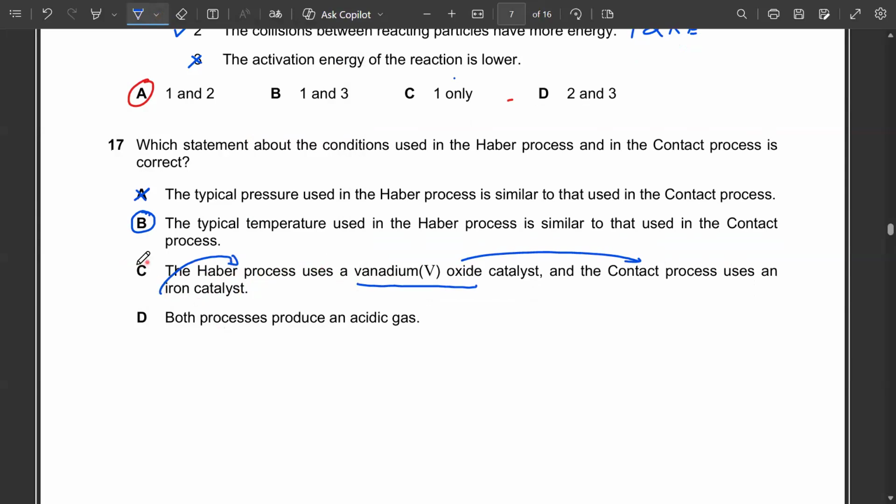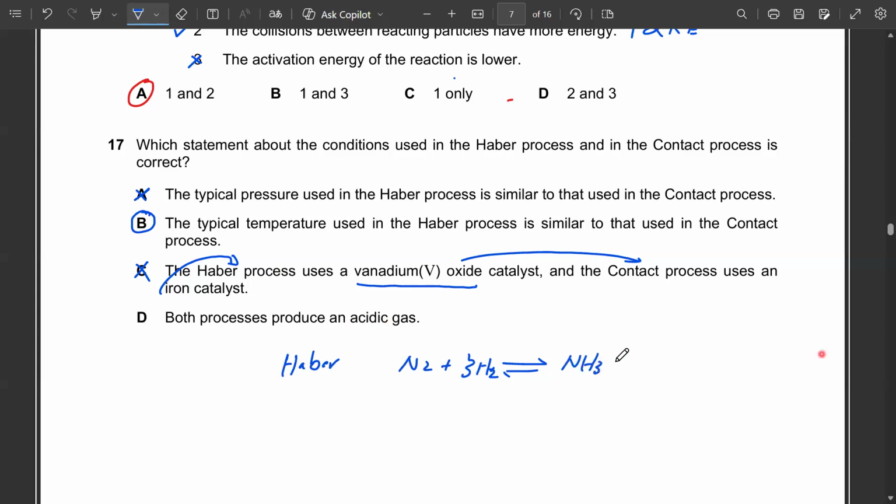So C is incorrect, and D says both processes produce an acidic gas. That is wrong. The Haber process produces ammonia gas, and we remember ammonia is basically a basic gas. It's not an acidic gas.